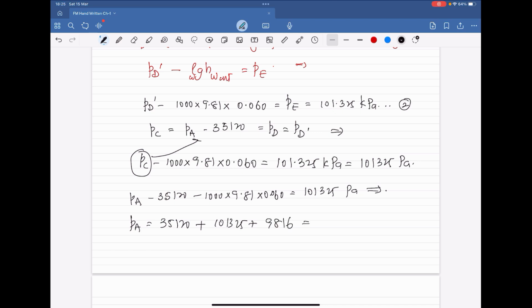This total value is 35,120 plus 101.325 plus 9816, which is 146,261. This is in Pascal.